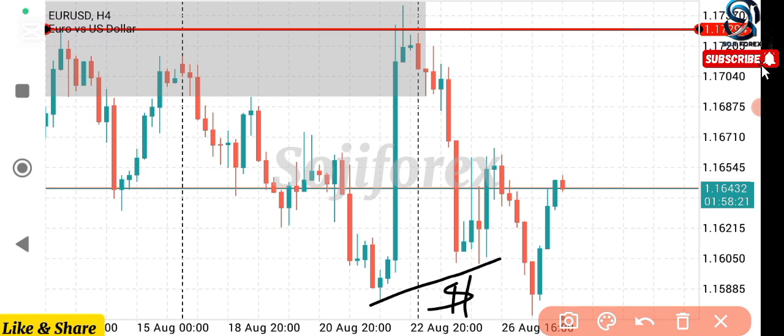Now look at this you are seeing here. These two setups you are seeing, this is a double top. There is also another liquidity sitting here. Remember, we have a smart money cube, and there is also an imbalance in this zone.